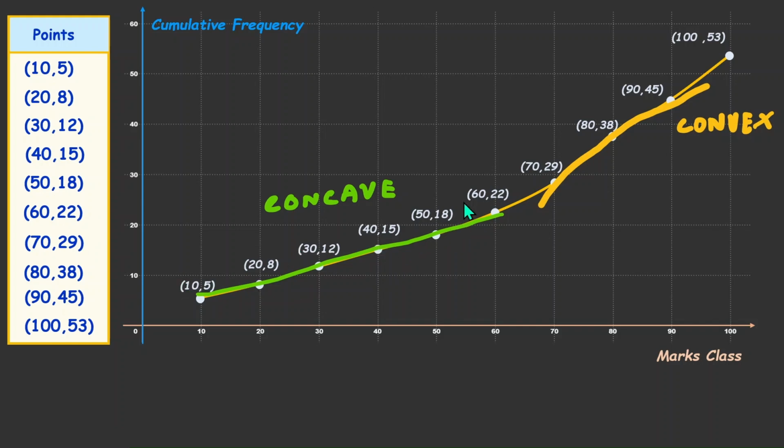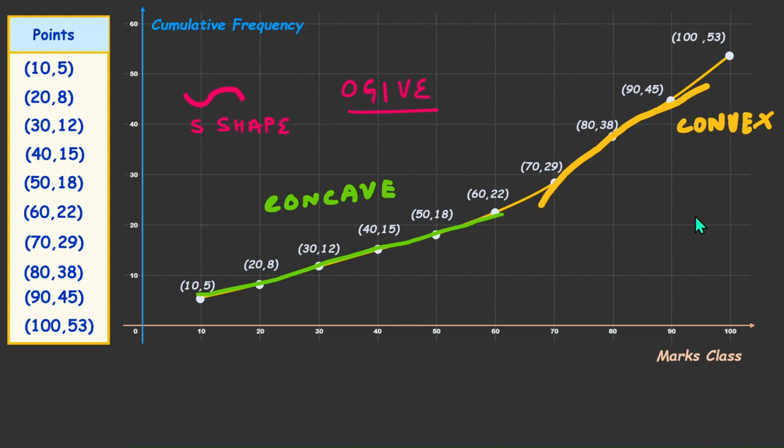And when a curve like this exists, where one part is concave and the other part is convex, we call it an S-shaped curve. Or we've given it another name, calling it ogive. It is written as ogive, but it is pronounced as ogive. And this really comes from a 15th century architectural arch.